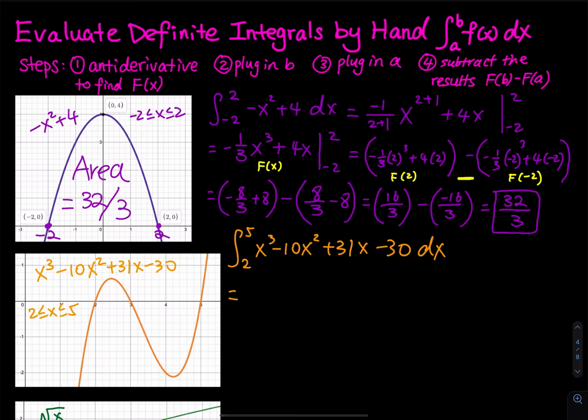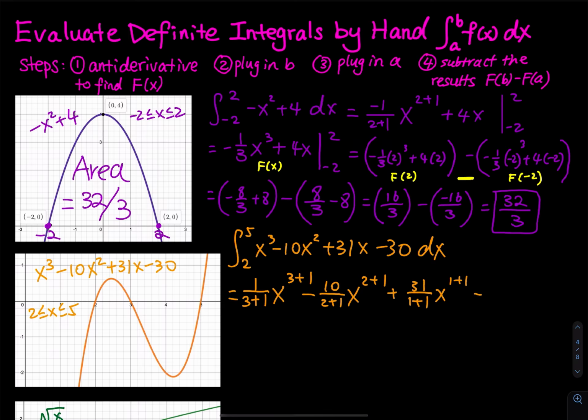For the antiderivative, we are going to add 1, so 3 plus 1, and then put this in the denominator. That is not a tough job to do, right? Minus 10, x squared, 2 plus 1, and then put that in the denominator. After you get used to it, you can skip this line. And then 31x to the 1 plus 1, and then we have 31 over that. 1 plus 1, I wrote 3.